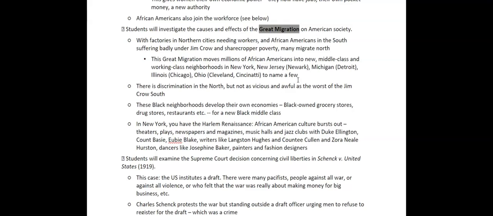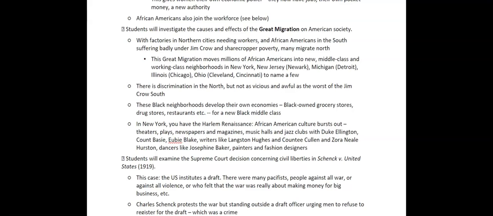With factories in northern cities needing workers, and African Americans of the South suffering badly under Jim Crow and sharecropper poverty, right, the old sharecropper system, many migrate north to New York, to Newark, New Jersey, Detroit, Michigan, Chicago, Illinois, Cleveland and Cincinnati in Ohio, just to name a few.